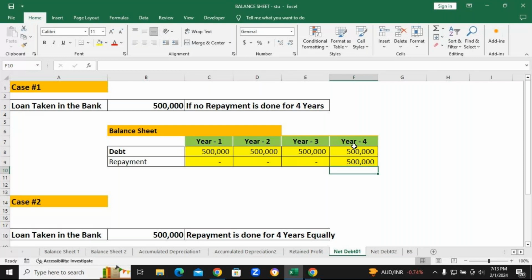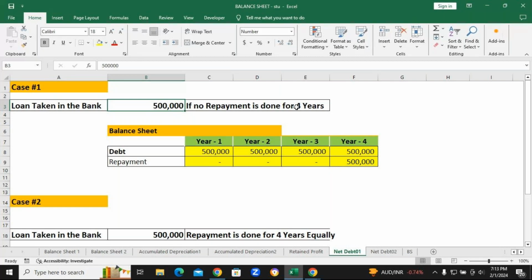Ma'am, I didn't understand. The loan I have taken from the bank is 5 lakh rupees. They are telling I have not paid any amount throughout my 4 years. I have taken the loan of 5 lakh rupees, and they have given me a time duration of 4 years to pay it back. If I have not paid any amount, what will happen?